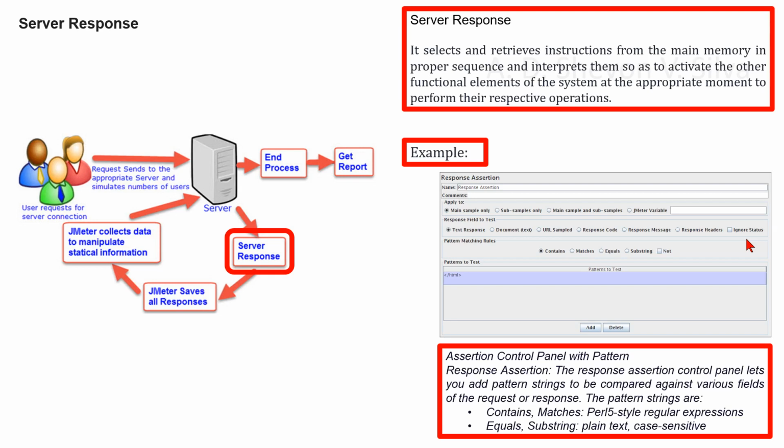The ignore status checkbox can be used to set the status successful before performing further checks. Note that this will have the effect of clearing any previous assertion failures, so make sure that this is only set on the first assertion. The field to test attribute is a required parameter, and the ignore status attribute is also a required parameter.